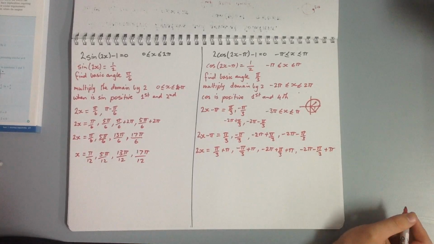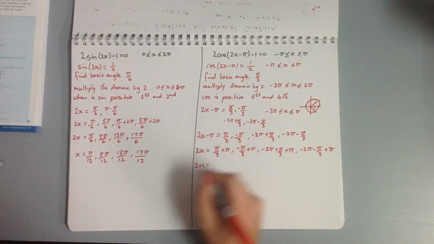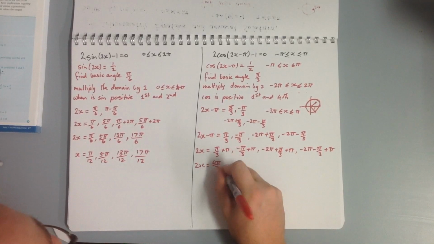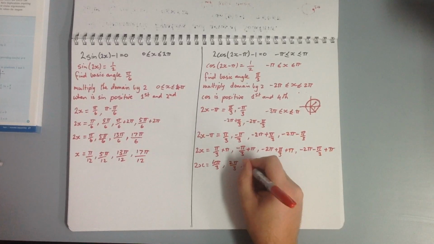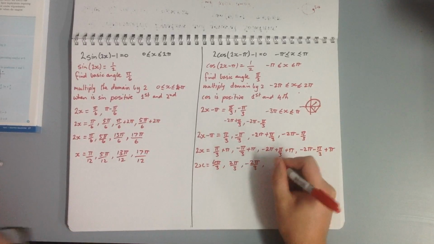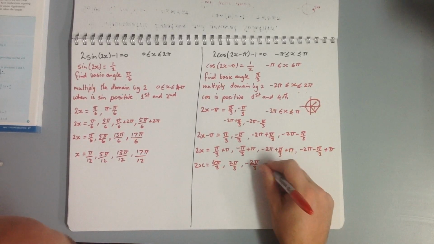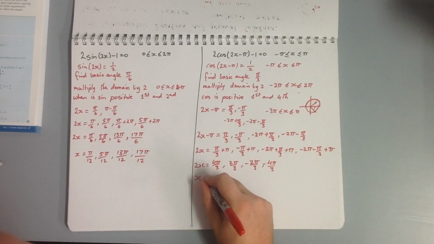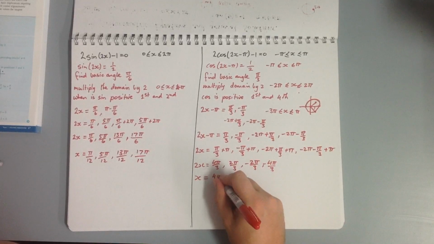That looks a little bit messy because we hadn't simplified those ones, but we'll simplify them now. So this one's going to become 4 pi on 3. Next one will be 2 pi on 3. We've got negative 2 pi on 3 and negative 4 pi on 3. Then we've got to divide by 2, and again that's just multiplying the denominators by 2.